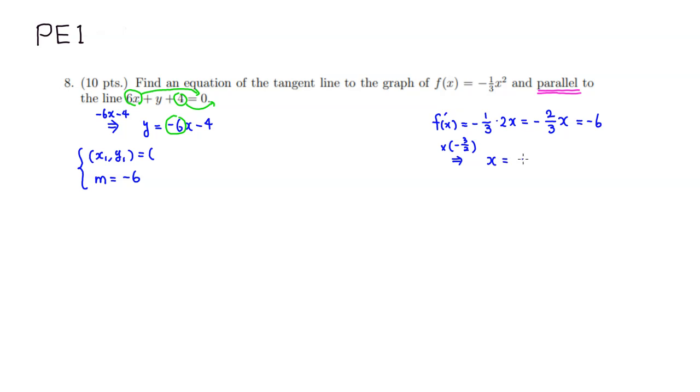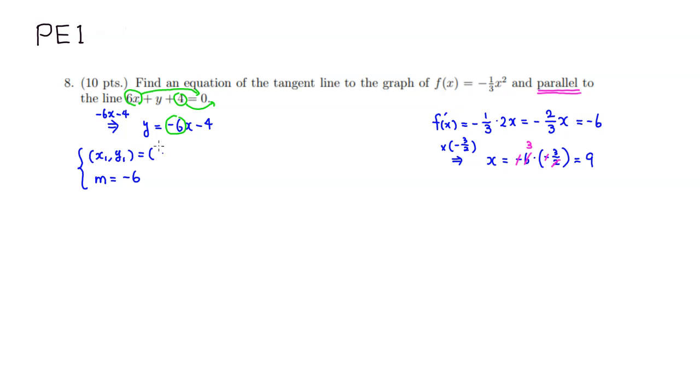If you multiply negative 6 and negative 3/2, 6 and 2 cancel out and you get 3. You have a double negative, so it's positive. 3 times 3 is 9. So when x equals 9, the slope of the tangent line becomes negative 6.